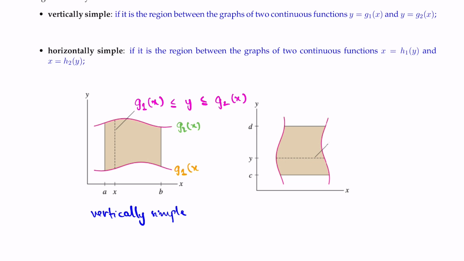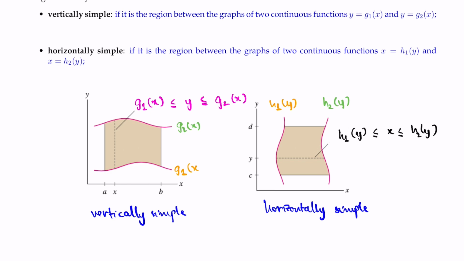Here is the figure used to present the horizontally simple domain. So y in this case is bounded between c and d, and x is bounded between two functions, h1 of y and h2 of y. Here is h1 of y, and here is h2 of y, and x is bounded between these two functions.